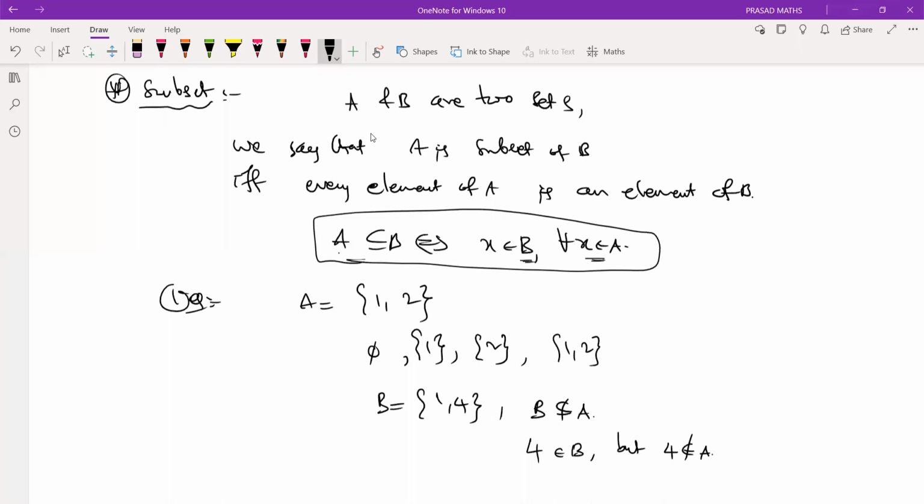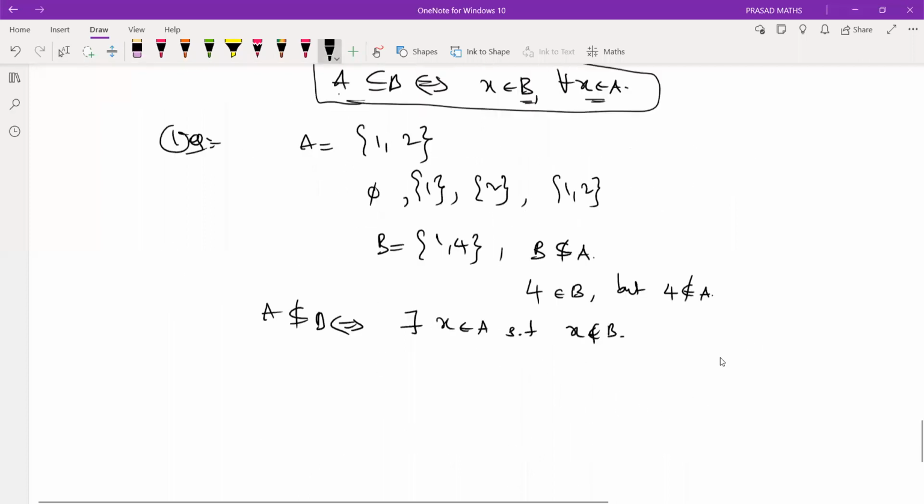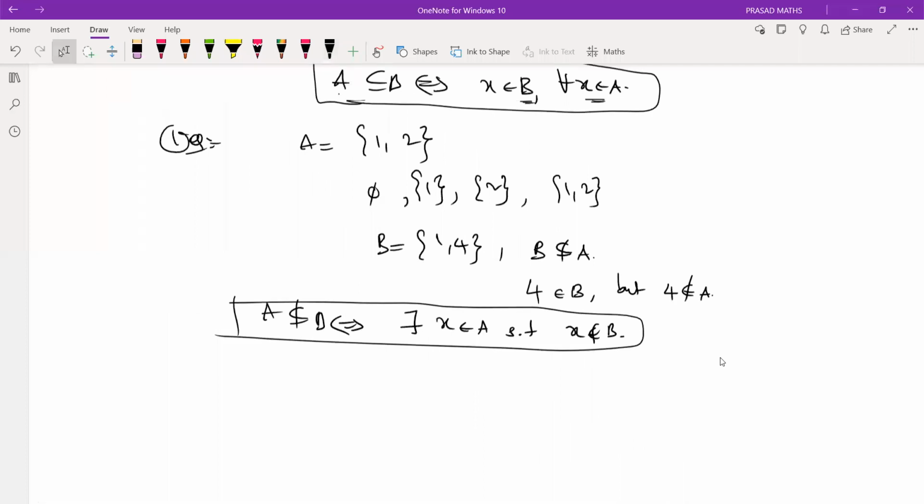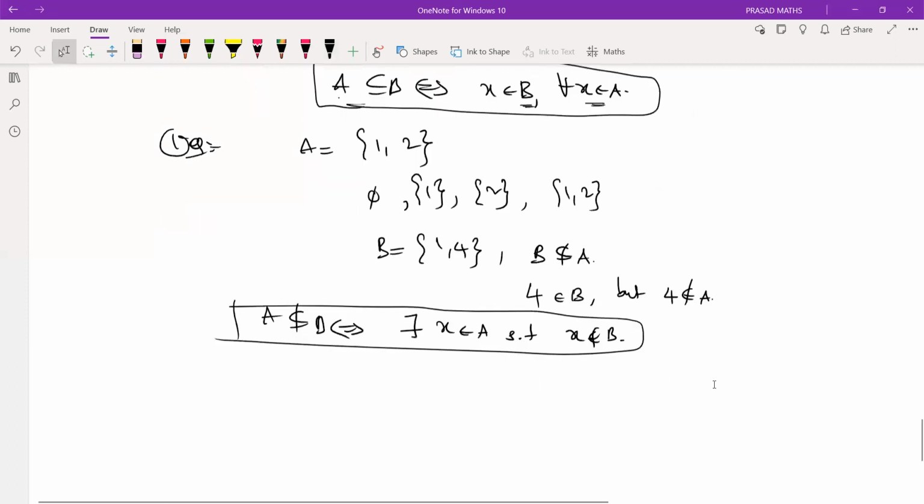There exists at least one element in A which is not an element of B. So A is not a subset of B means there exists at least one element in A which is not in B. This is also an important idea. Negative statements play a very important role in mathematics while proving theorems and problems.